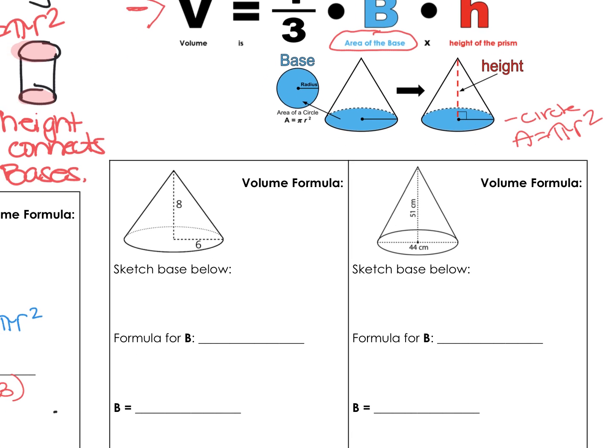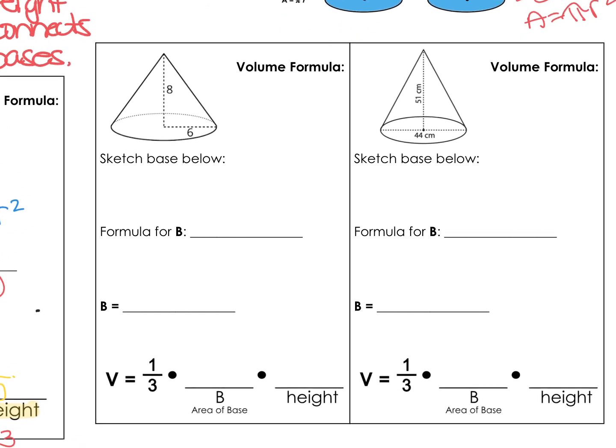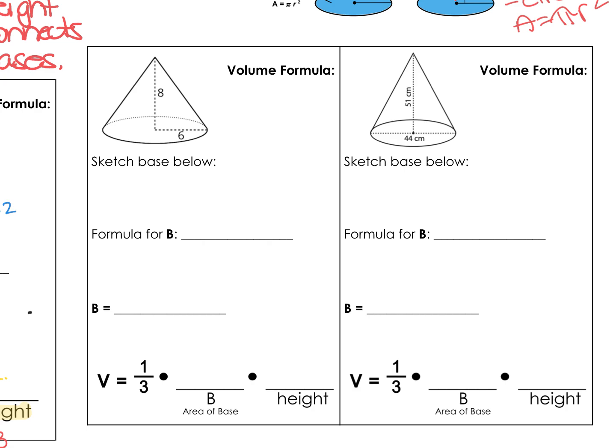So let's take a look at our first example. We're asked to find the volume of this cone. So if we sketch the base here, hopefully we're identifying that base is a circle with a radius of 6. So our formula for finding that big B, remember that big B is just that area of the base.